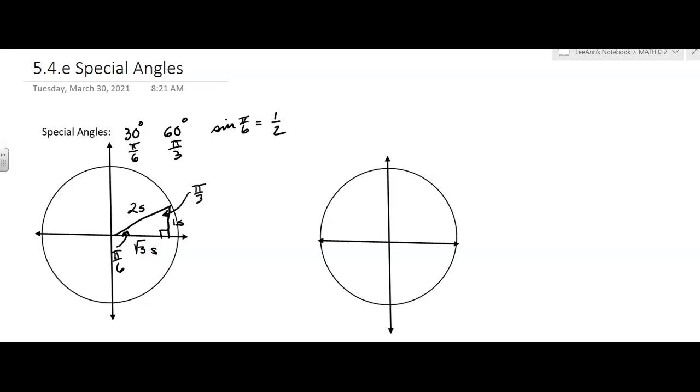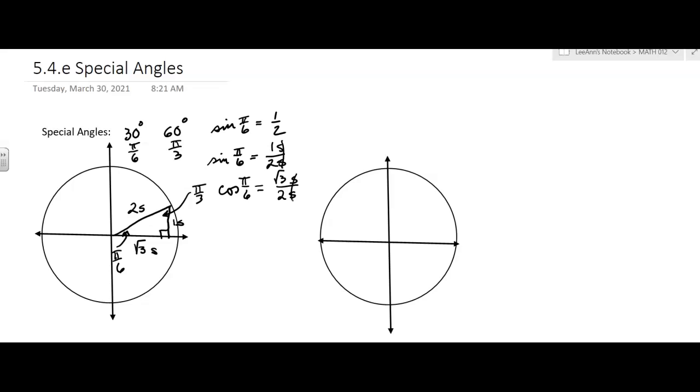Now, when you take those ratios, like if I've got the sine of pi over 6, it's equal to 1s over 2s, and those s's cancel. That's how we get the 1/2. And if I did the cosine of pi over 6, that would be adjacent, so square root of 3s over the hypotenuse, 2s, and those s's would cancel, and you'd get the square root of 3 over 2.